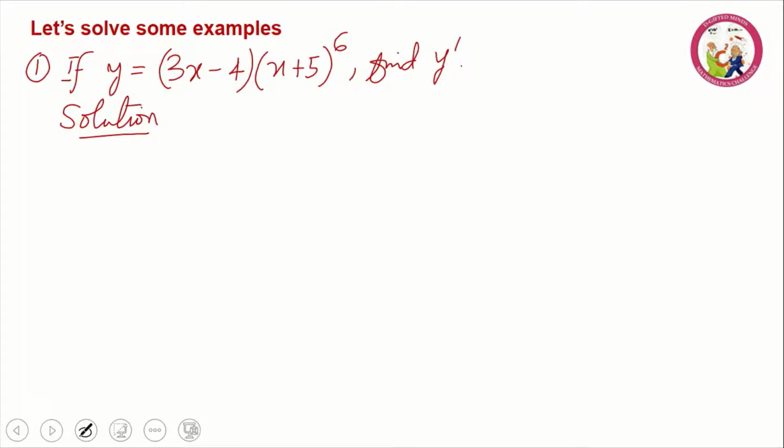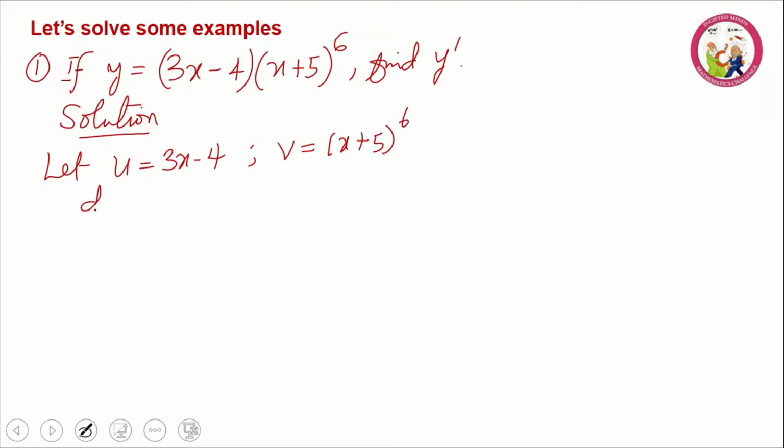Okay, since in this case y is a function of the product of two functions of x, we represent the first expression in the bracket as u, 3x minus 4, and the second expression as v, x plus 5 raised to the power 6.